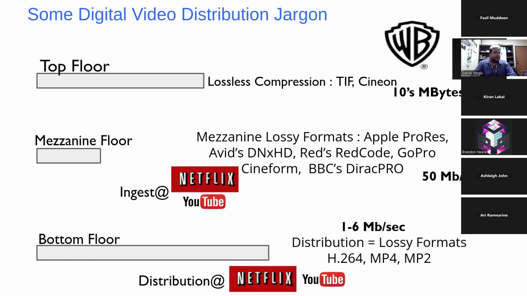In terms of what is used in the media industry, this is a little bit out of date because this is a very old slide, which I've been using. But in terms of the terminology they use, they like to treat things like a house. Our bottom floor is our distribution, which is what is sent out to the consumers. This is usually in some form of lossy format.